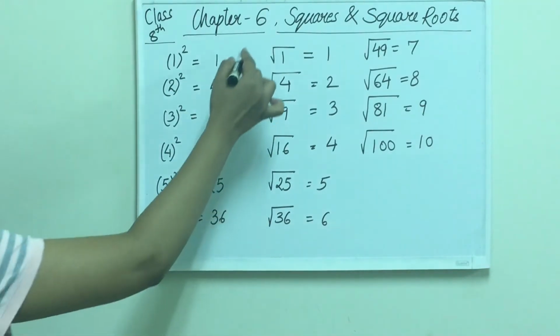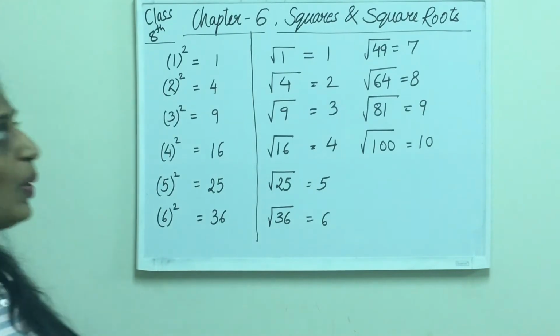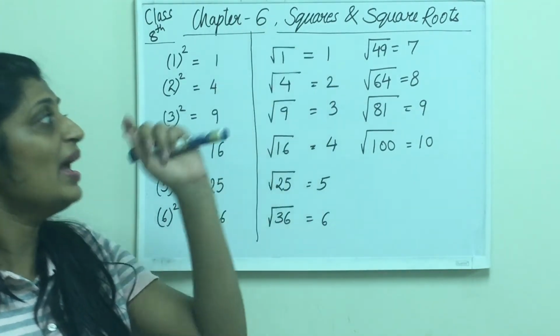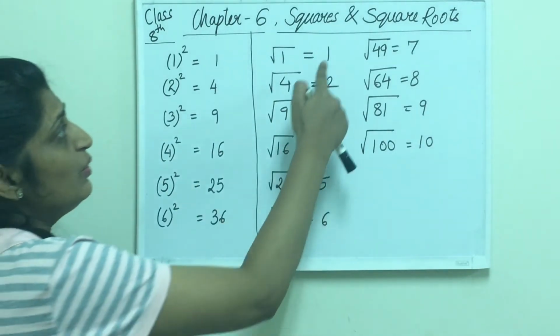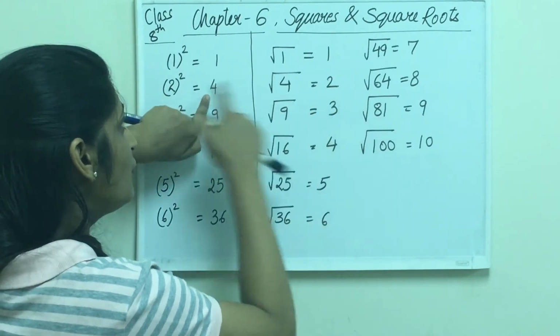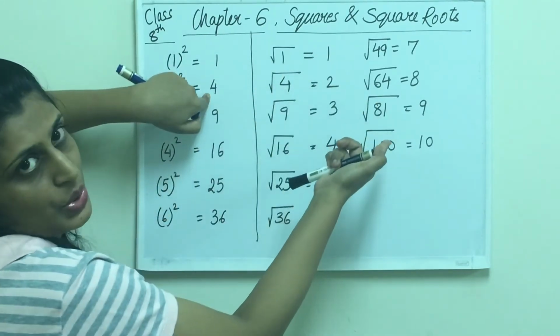What I want to say is that square roots are the inverse of squares. When I did 1 square, I got 1. When I did 2 square, I got 4, but when I did the square root of 4, I got 2.